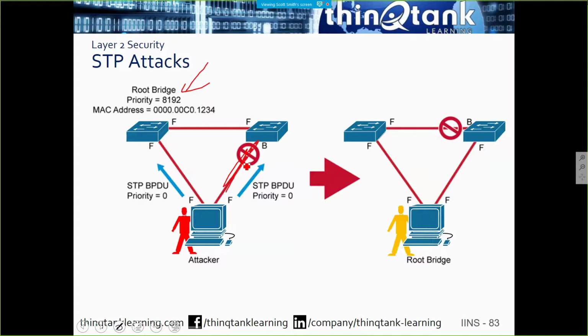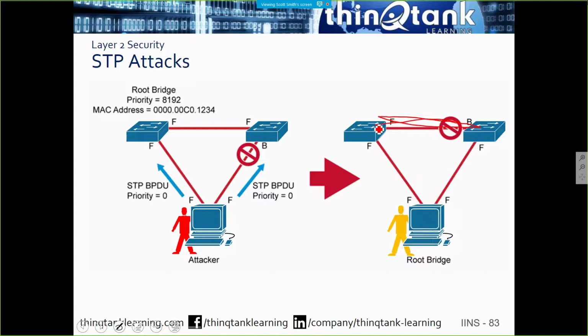It would probably be better drawn here if the attacker was connected to a downstream switch or an upstream switch, okay? But if I can start sending in these things called superior BPDUs, a superior BPDU is simply a BPDU that offers a better choice for the root than whoever the current root is. All of a sudden, the link between the switches stops working.